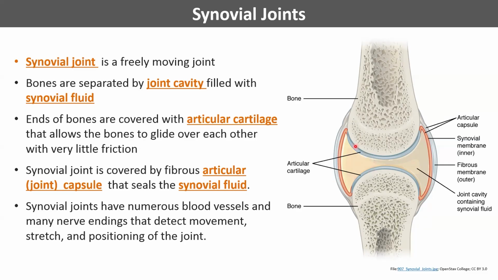Moreover, the ends of the bones that come in contact are covered with cartilage. Articular cartilage, where articular means it's in the joint. And cartilage is a very smooth and slick kind of tissue, and that helps joints glide over each other with little friction.